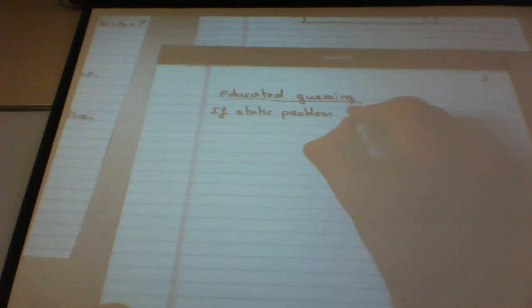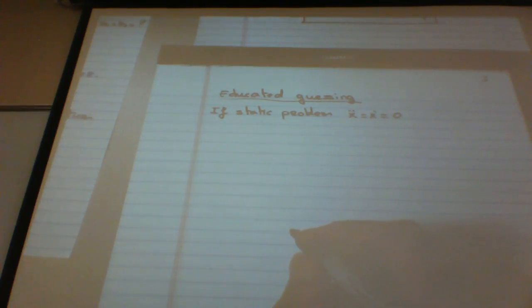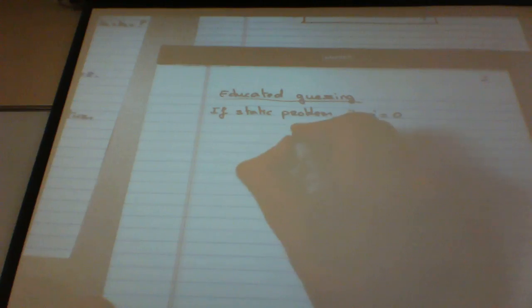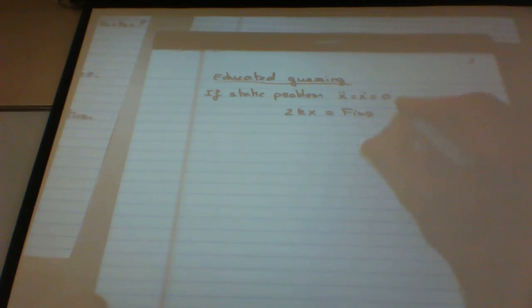So if static problem, what does that mean? X double dot, now the acceleration and velocity will be 0, so the problem will reduce to what? 2kx will be equal to the force of the impact, okay? Where x equal, we said lambda, which was what, 20 centimeters?